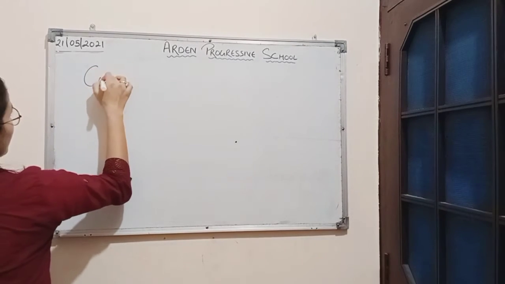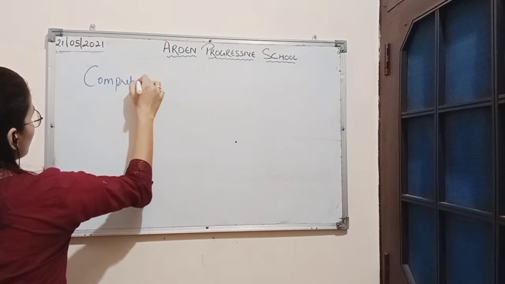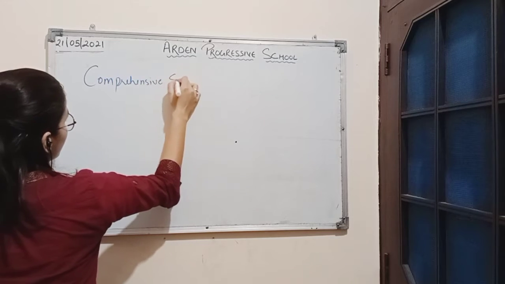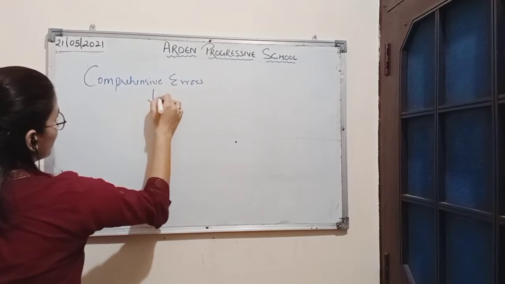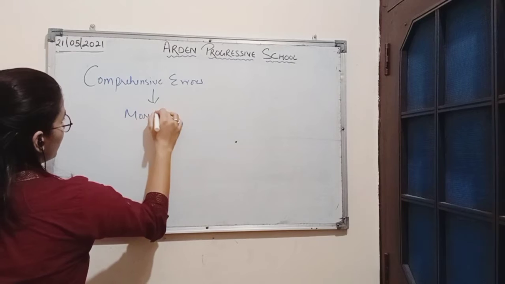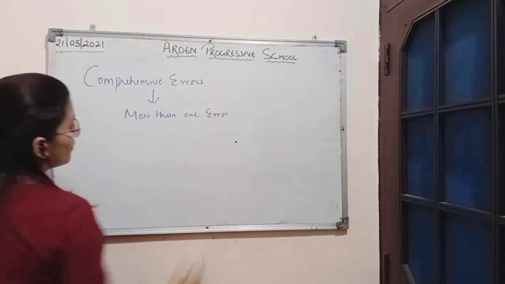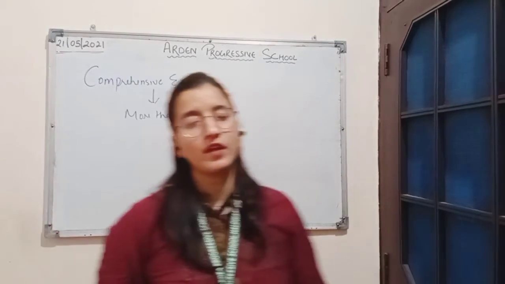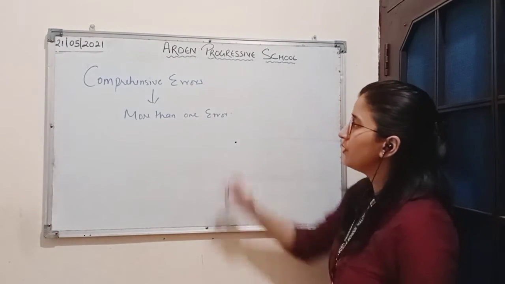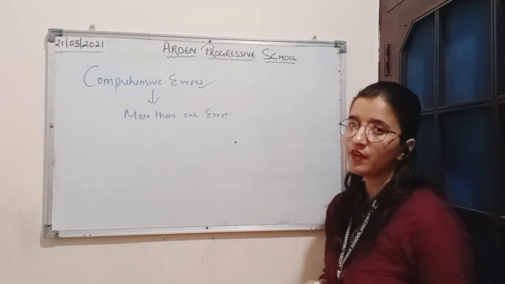Now what is comprehensive error? Comprehensive errors, it means when there is more than one error. So if a firm makes two or more errors, that error will be known as comprehensive errors.